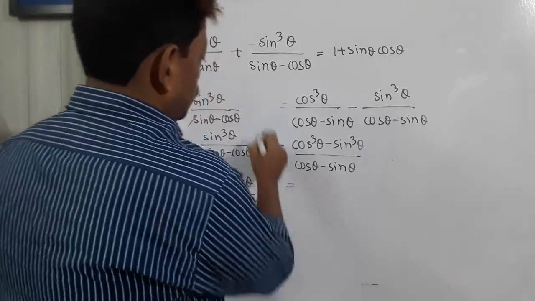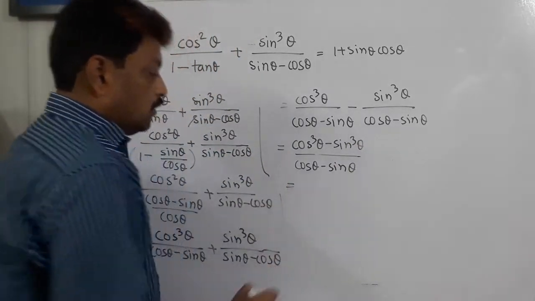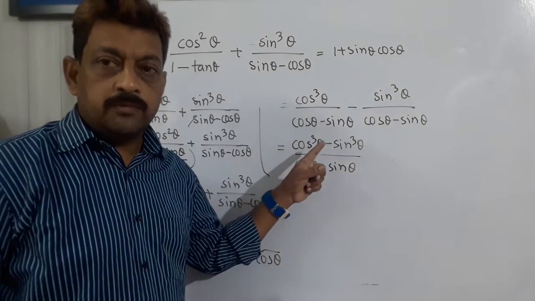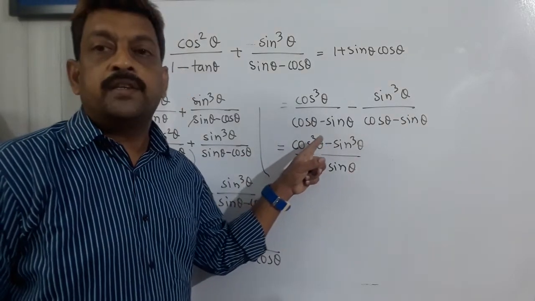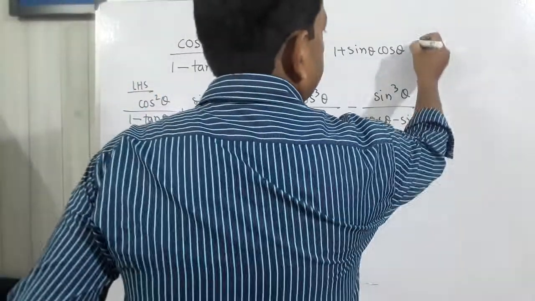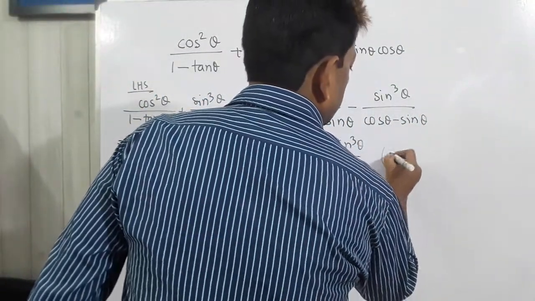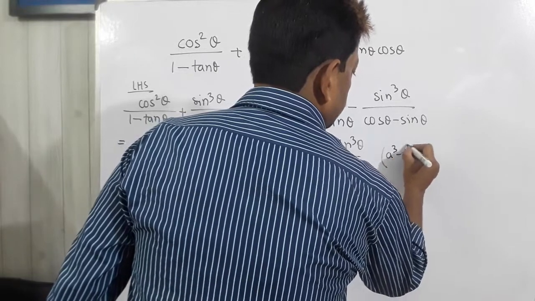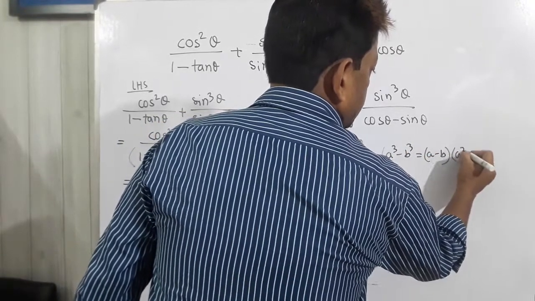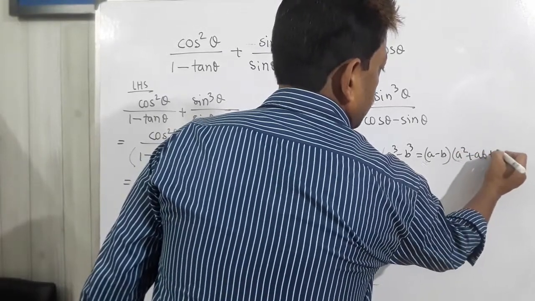Here we have to use the algebraic identity for a cube minus b cube. What is a cube minus b cube? We all know a cube minus b cube equals a minus b, bracket a square plus ab plus b square.